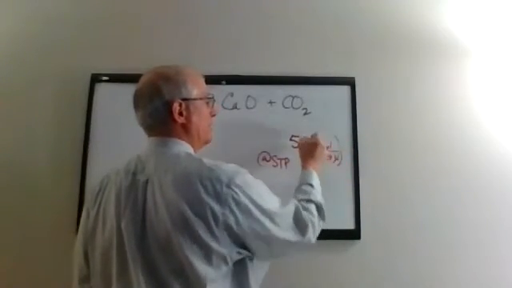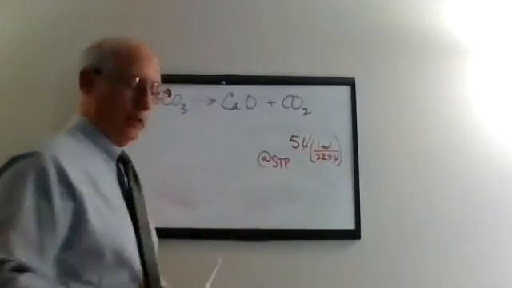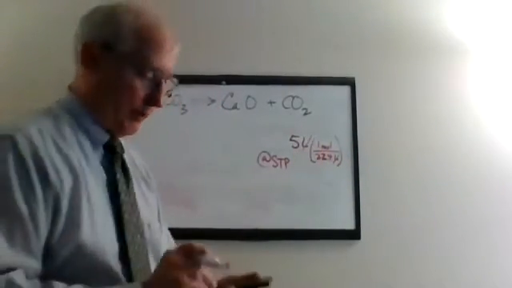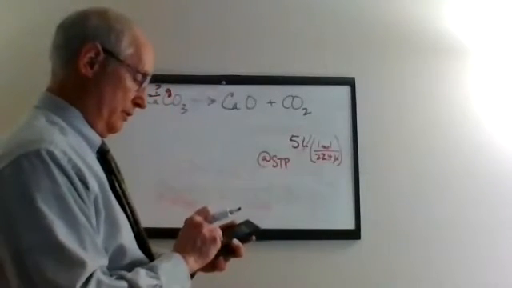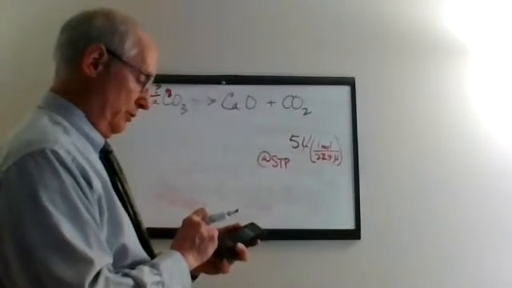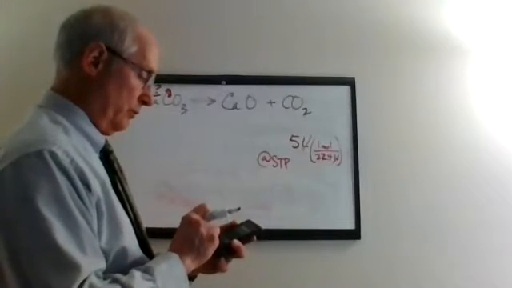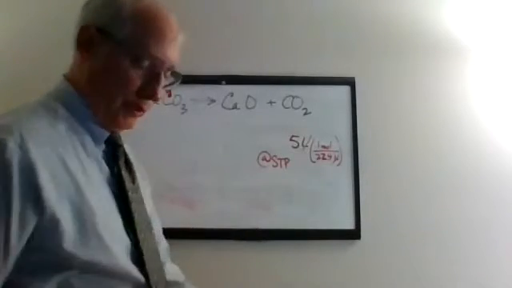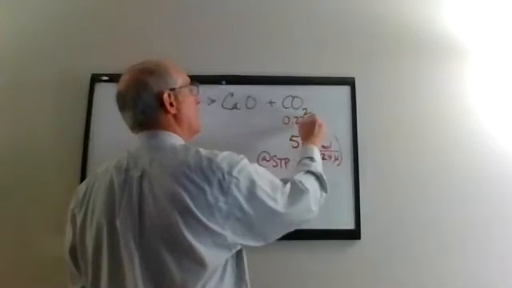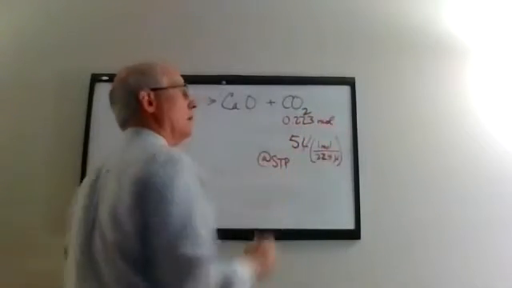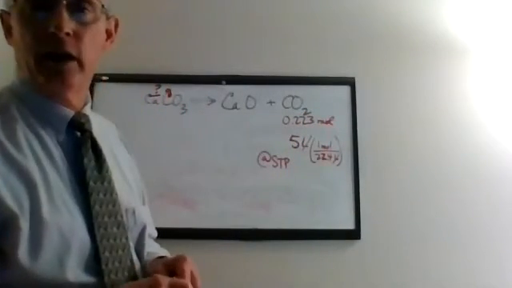And we can cancel liters, and we can calculate moles of carbon dioxide. And that would be 5 divided by 22.4 equals 0.223 moles of carbon dioxide gas.